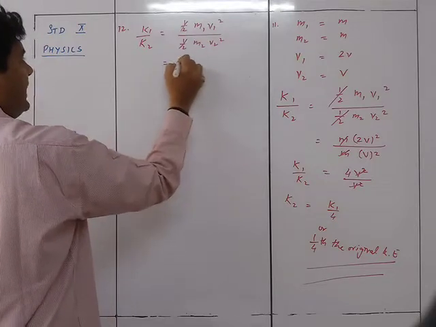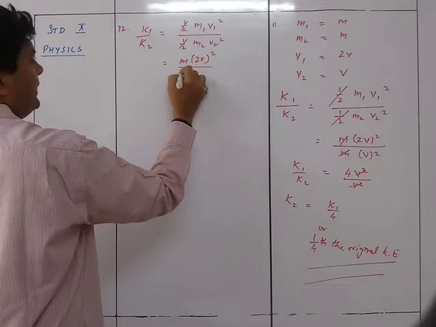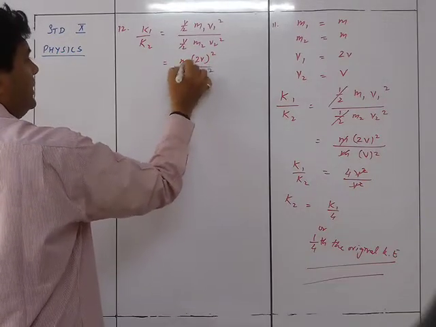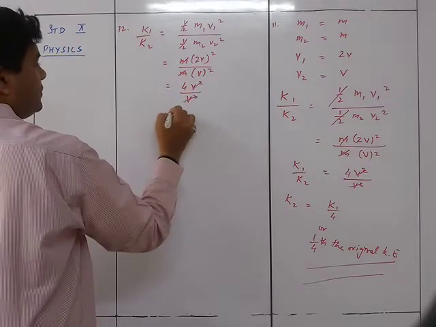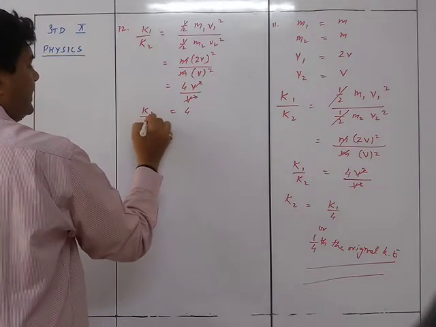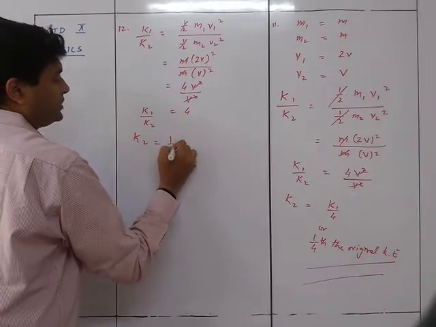Half cancels, m into 2v the whole square upon m into v the whole square is nothing but 4v square upon v square, that's equal to 4. So k1 upon k2 is 4. Therefore k2 is equal to 1/4 k1.